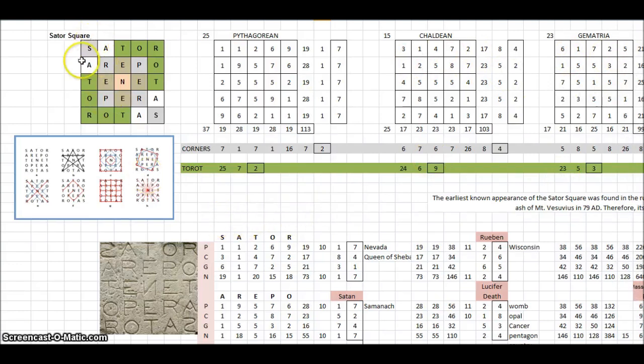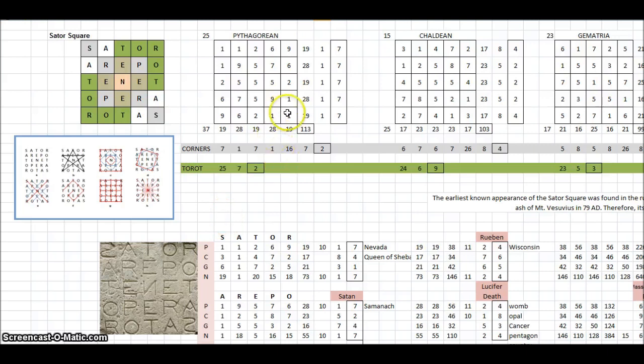There's all kinds of patterns that you can use to try to find it. I used some simple ones. I used the basic cross. I didn't end up using the T here, but I did compare to the tarot.